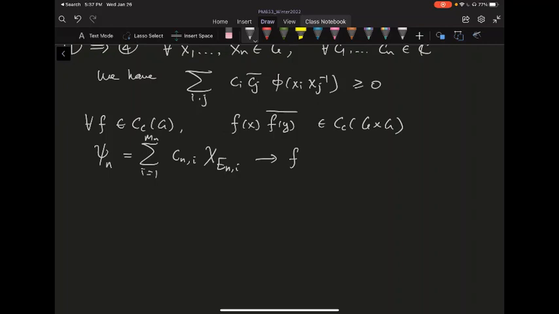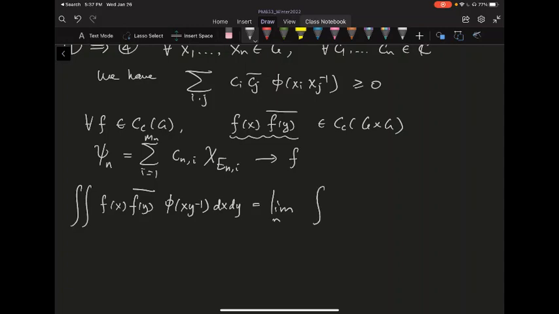So I approximate fx fy bar by psi n x and psi n y bar. So this double integral of fx fy bar of phi of xy inverse dx dy is going to be the limit as n goes to infinity, getting better and better approximations, of the double integral of psi n x psi n y bar of phi of xy inverse dx dy.